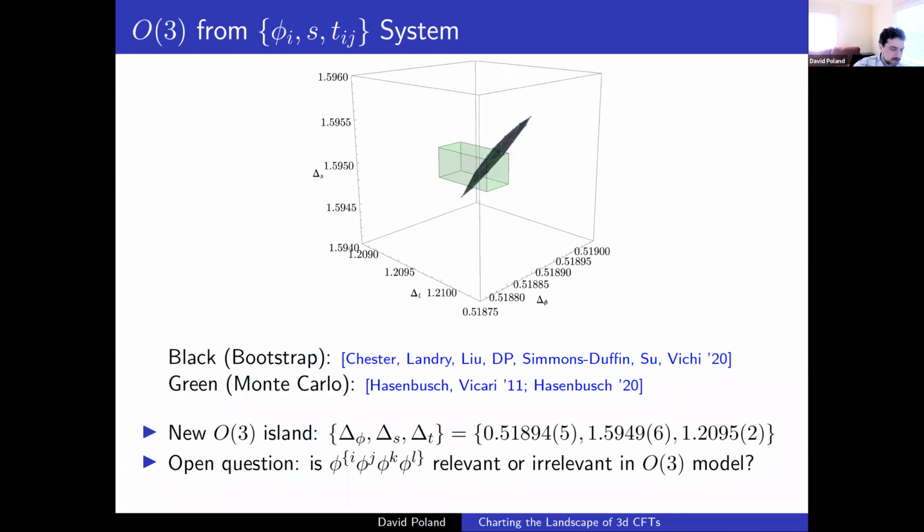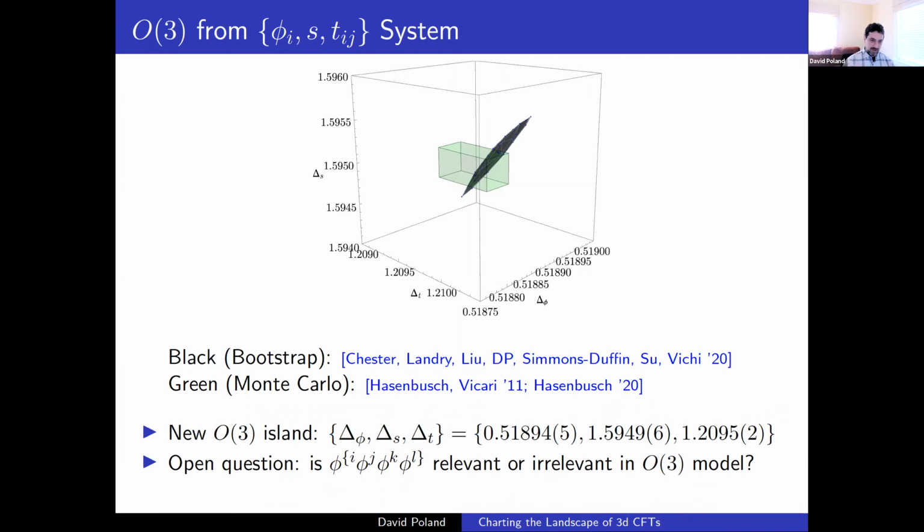That's also an experimentally very important question, because if you have a system like a magnet where the O3 symmetry is broken at the microscopic level, for example to a cubic subgroup of the O3 symmetry, so a system on a cubic lattice, then the interactions of the spins will prefer the directions along the cubic lattice, and will break O3 down to a discrete cubic subgroup.